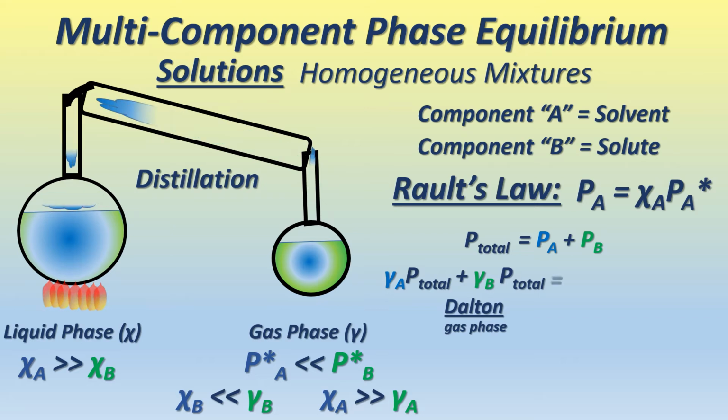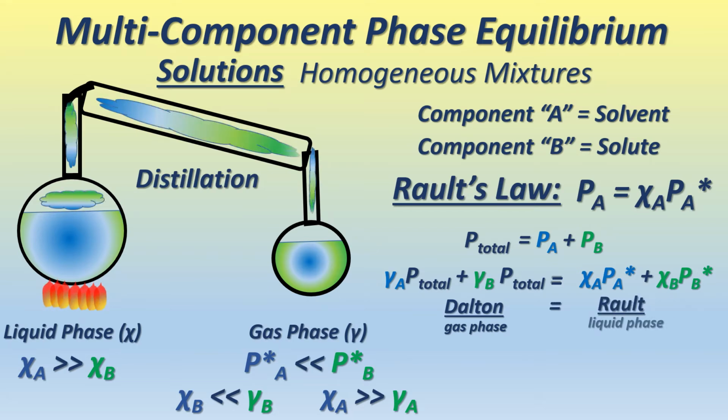However, since I have a liquid-vapor equilibrium, this will also be equal to the Raoult's law solution: the mole fraction of A in the liquid phase times the pressure of pure A, plus the mole fraction of B in the liquid phase times the pressure of pure B. This is the first example of thermodynamics of a heterogeneous system with multiple phases.